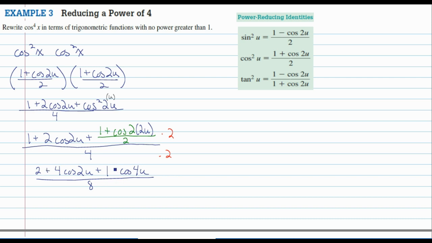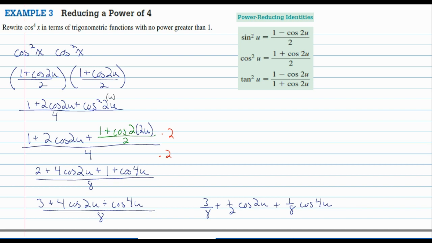Well, 2 plus 1 is 3, so I have 3 plus 4 cosine of 2u plus cosine of 4u all over 8, and I believe your book likes to divide each of these by 8, so they do 3/8 plus 4/8, which is a half, cosine of 2u plus 1/8 cosine 4u.